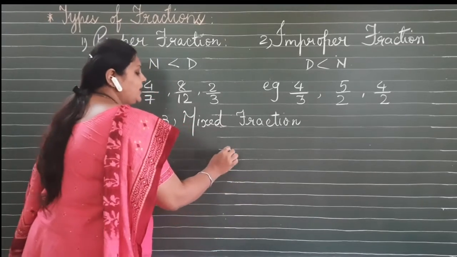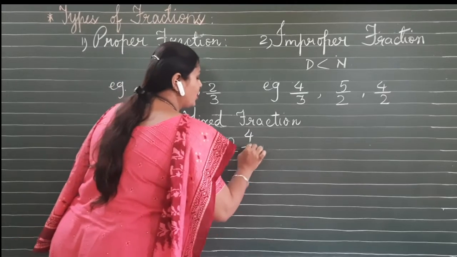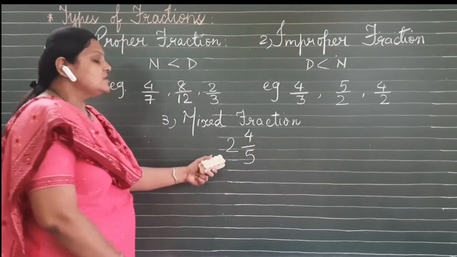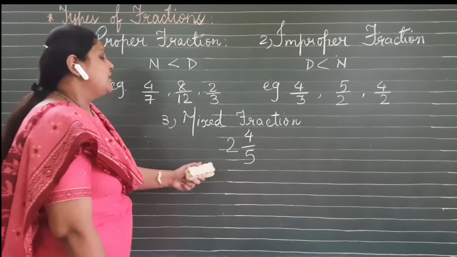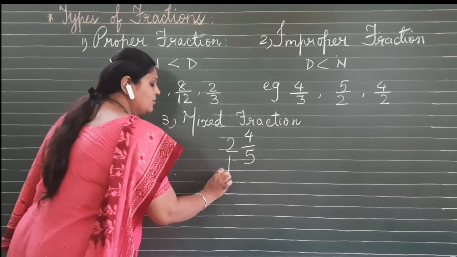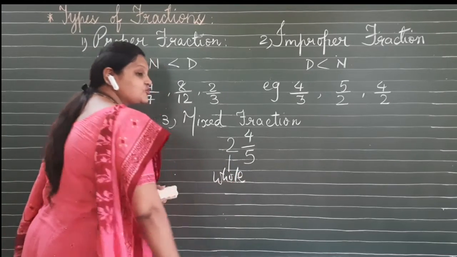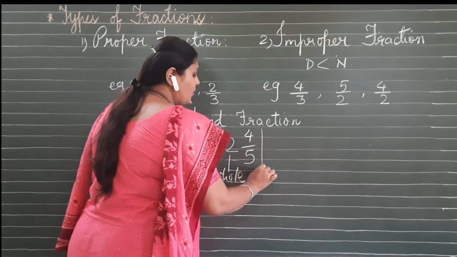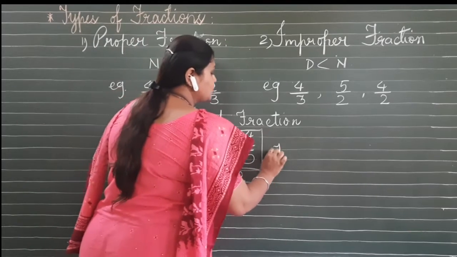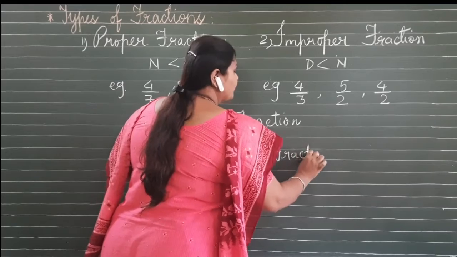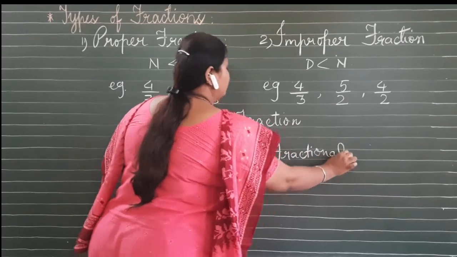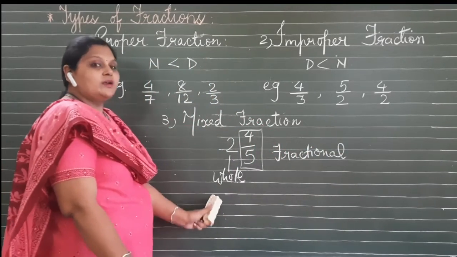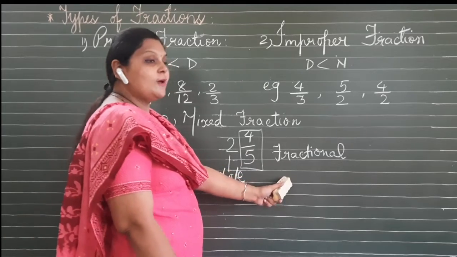For example, if I take 2 integer 4 upon 5, so this is called mixed fraction. Now here 2 is a whole number, or we can say integer part, and 4 upon 5 is fractional part. So this includes both whole number or integer part as well as fractional part.